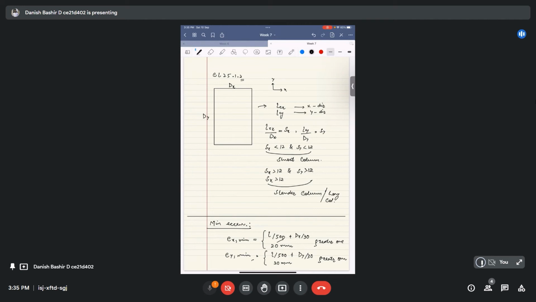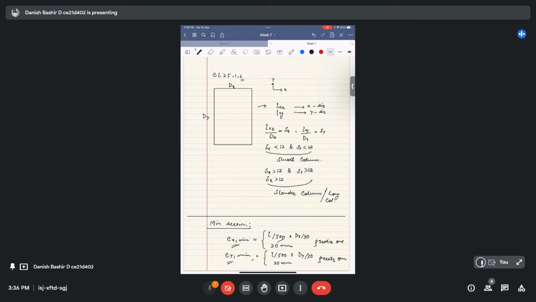If the eccentricity is greater than the minimum eccentricity along only one direction, it will be uniaxial eccentricity. If it is greater than the minimum eccentricity in both directions, then we have to design it for loading with biaxial eccentricity. That will be in the further lectures of this series.